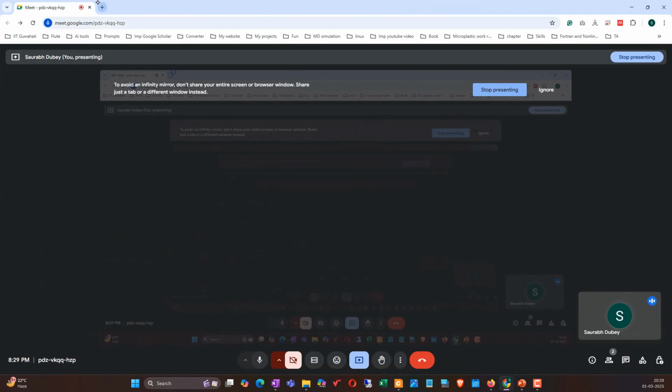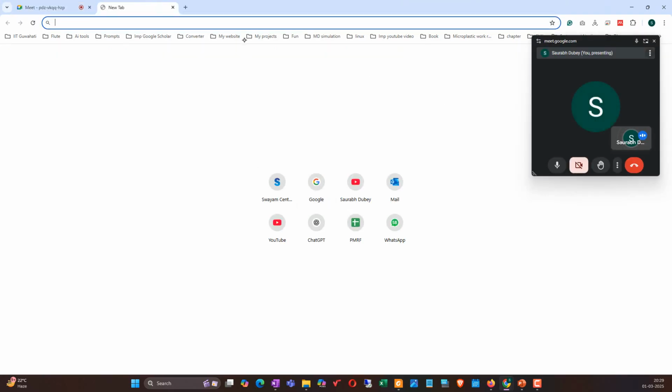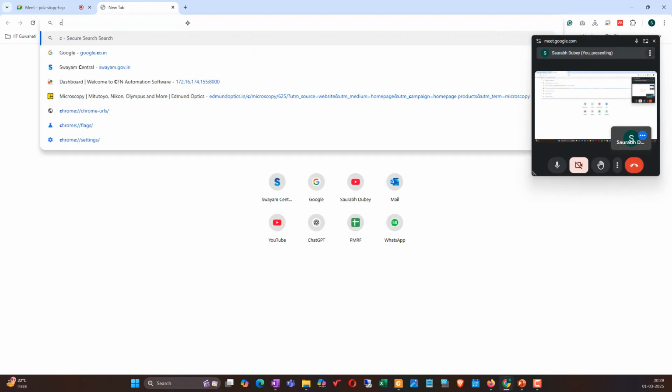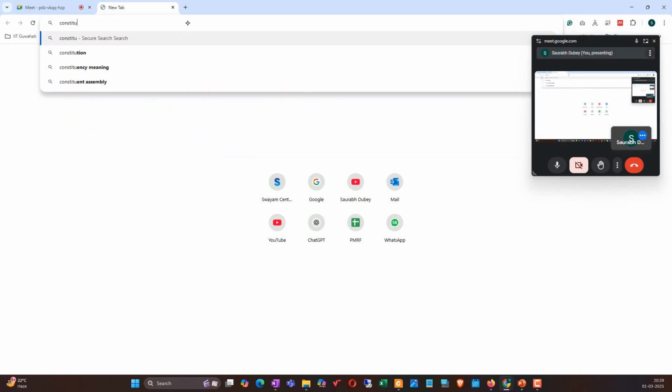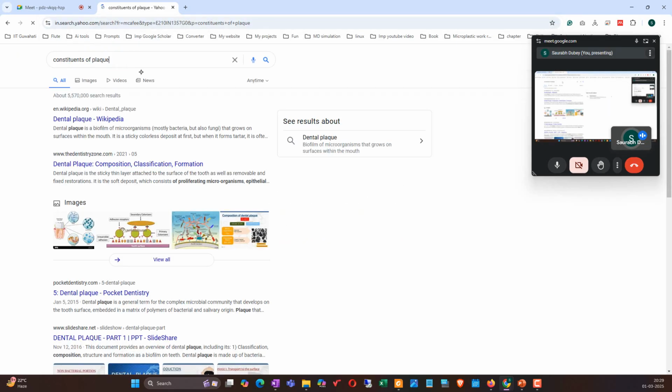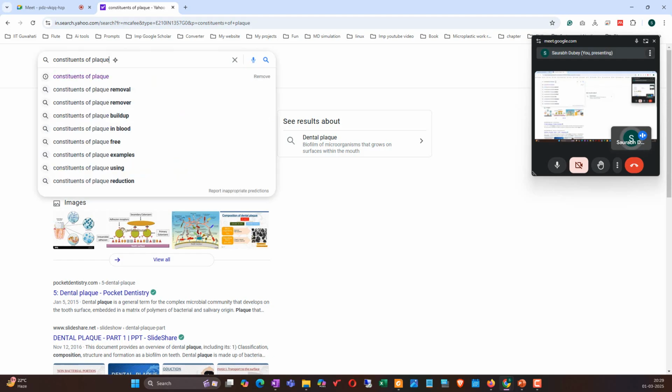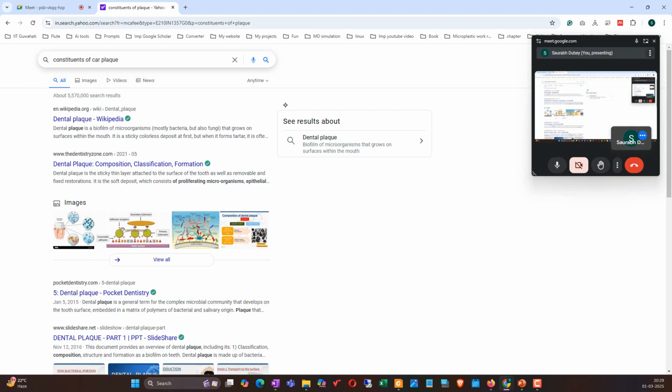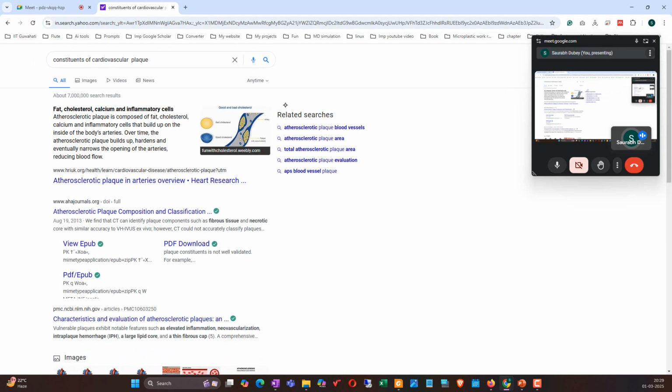If I just search constituents of plaque, right? So let us search constituents of cardiovascular plaque. The plaque which is there in the blood vessels is like fat, cholesterol, calcium, inflammatory cells.